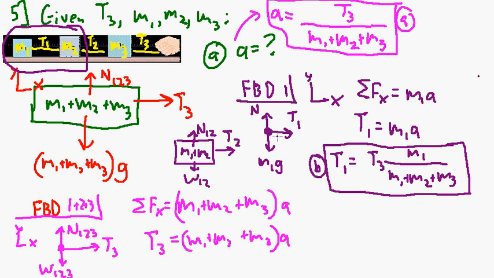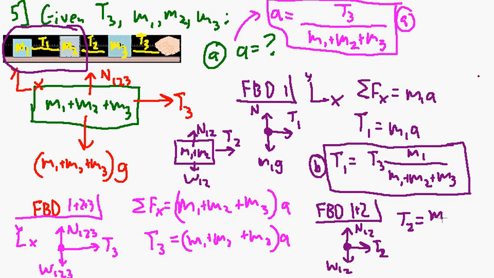So for the free body diagram of 1 plus 2, we have normal force on 1 and 2, the weight of 1 and 2, and tension in rope 2. And so tension in rope 2 is M1 plus M2 times a. This is very much like what we got up here, except slightly different: T3 times M1 plus M2 over M1 plus M2 plus M3.